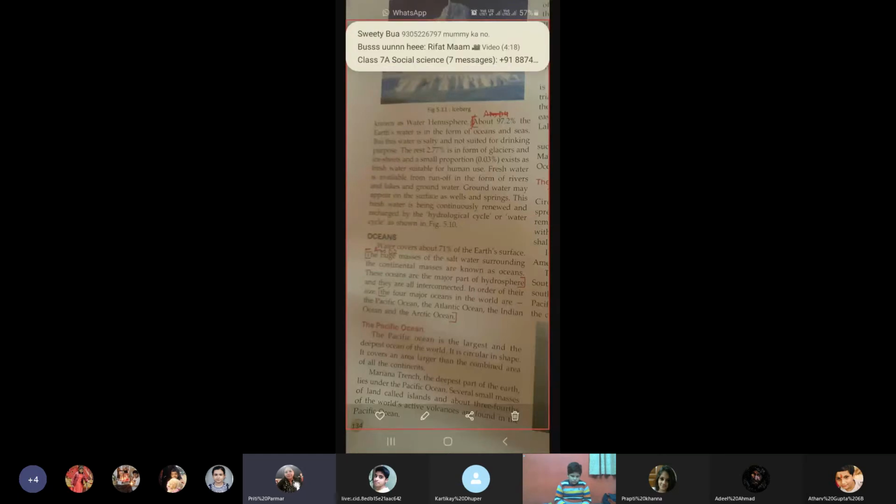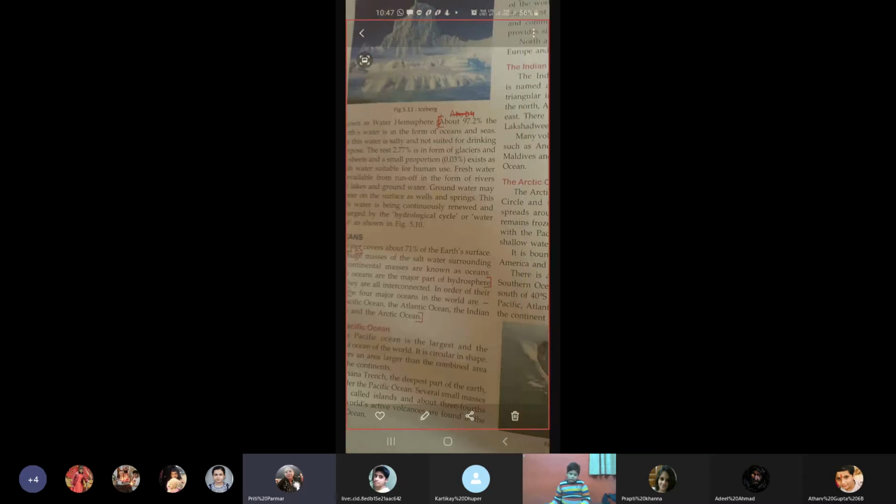Nearly three-fourths. That means if you divide the water bodies into four parts, three-fourths of the islands are here in Pacific Ocean. Clear? So if there are so many islands and you divide those islands into four parts, out of those four parts, three parts of the islands are here in the Pacific Ocean. Plus, there are very many active volcanoes also, which are present in the seabed of this Pacific Ocean. I hope this much is clear.